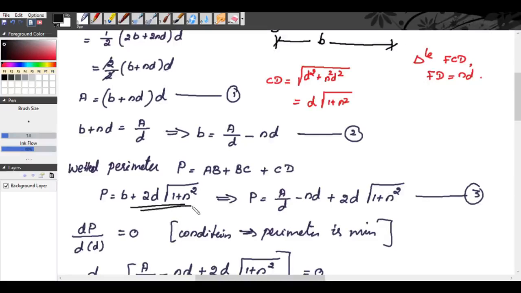You have to consider this perimeter, not the perimeter in terms of area. So A by P: area is b plus nD into D, perimeter is b plus 2D into root of 1 plus n square.